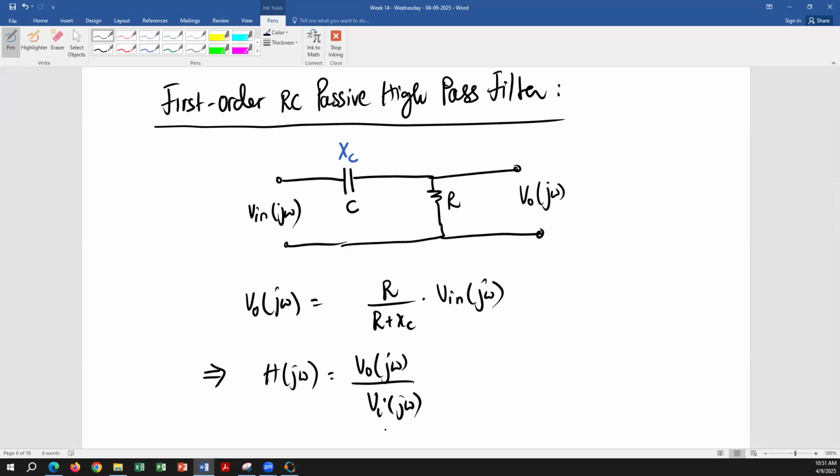Likewise, if you're trying to figure out the phase of the output, and you have the phase of H of j omega and of the input, how are you going to find the output phase? You add them together because H and the input are multiplied by each other.